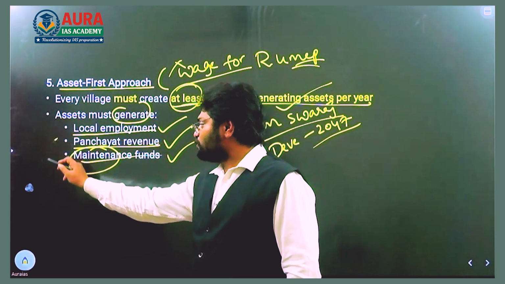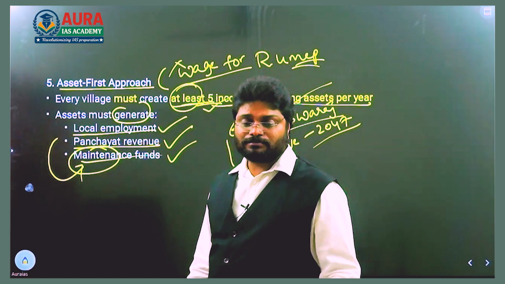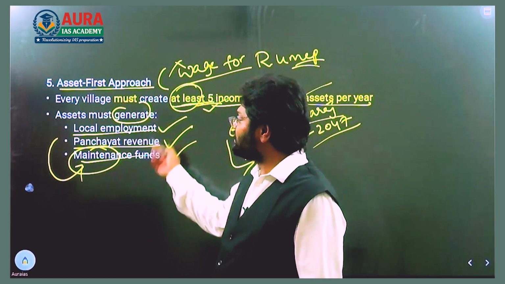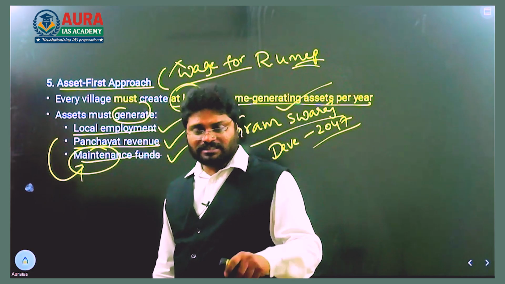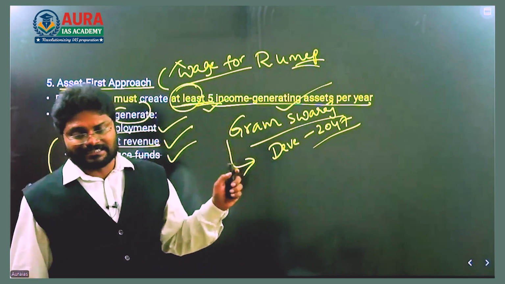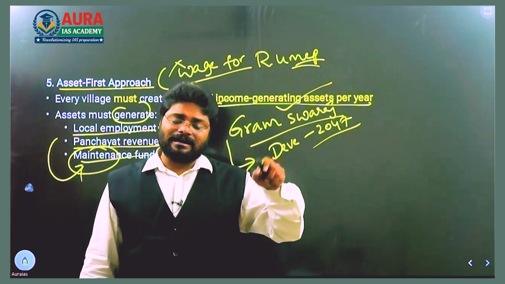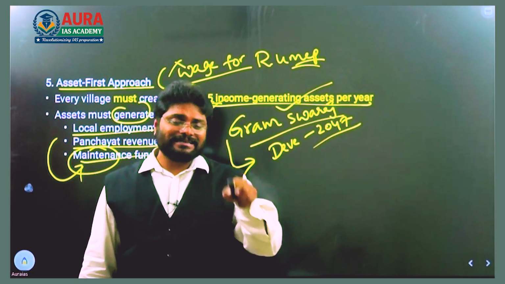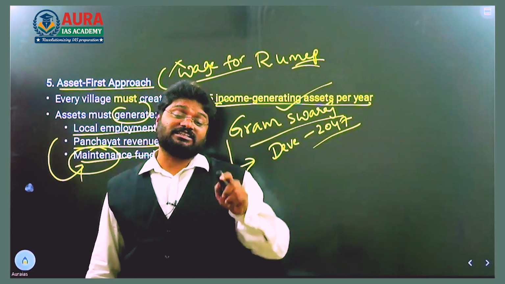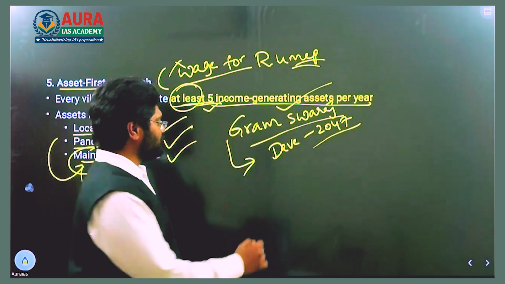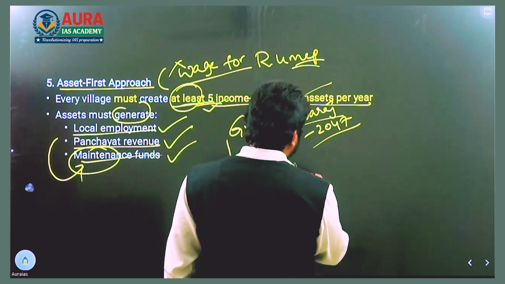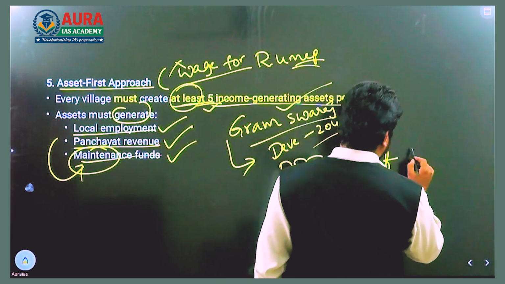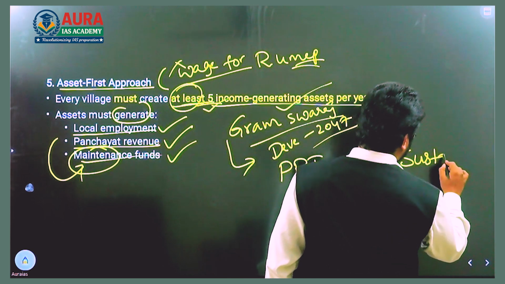So the funds required for the local bodies must be generated by the villages themselves by building the assets. There are a lot of criticisms of this new act, but the approach is financially making local bodies self-sustaining. That is very important. Making PRIs self-sustaining is the major aim of creating assets.